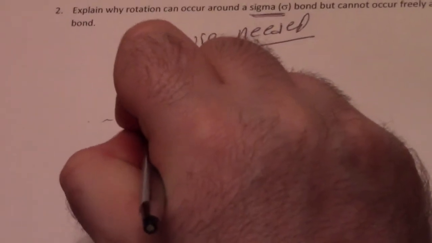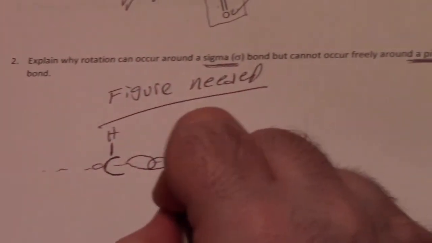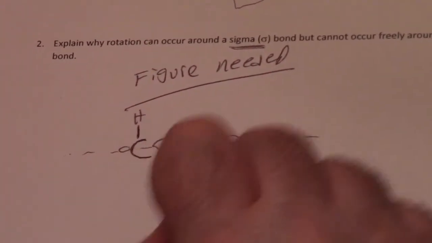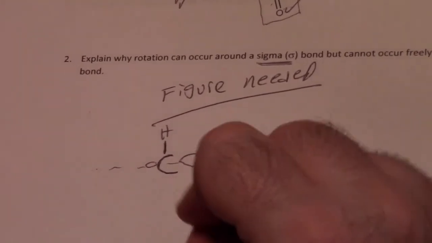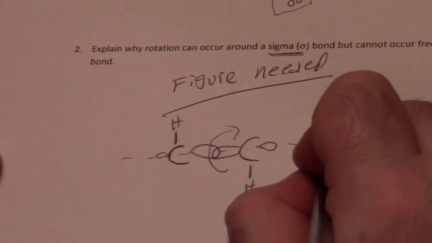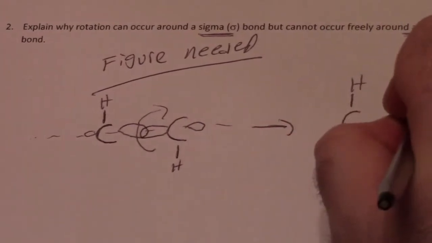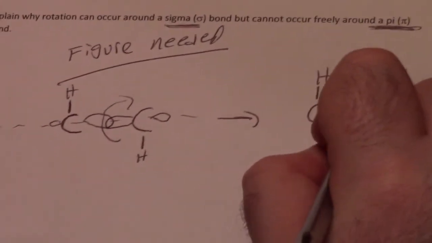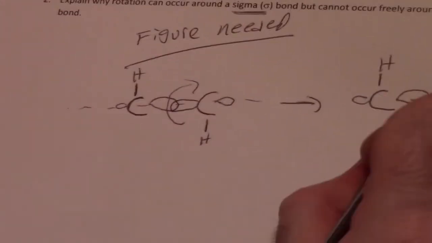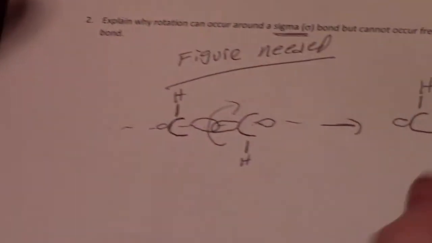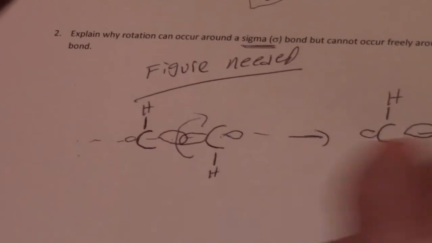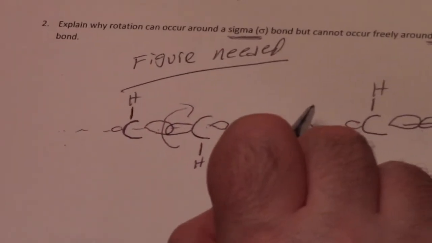Now if you imagine having another bond here and here so that we can tell what's going on, if I rotate around this bond, such that we have the 2 hydrogens now on the same side, if you will, what you'll recognize, if we draw in the orbital, is that there is no change in that overlap. It doesn't look like the bond has changed at all, and that's because it's cylindrically symmetrical about that axis. That's what you needed to describe for a sigma bond.